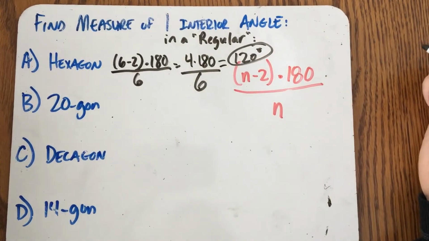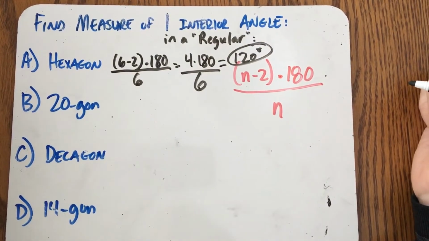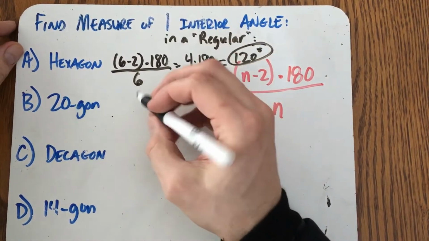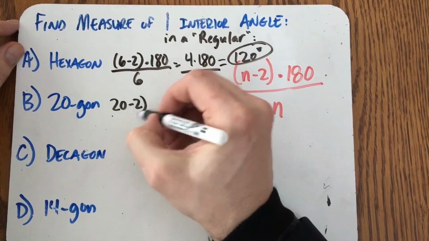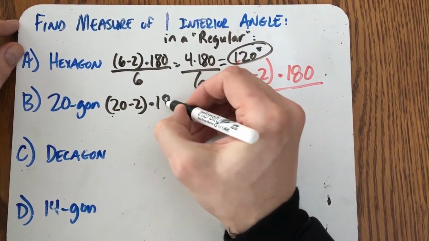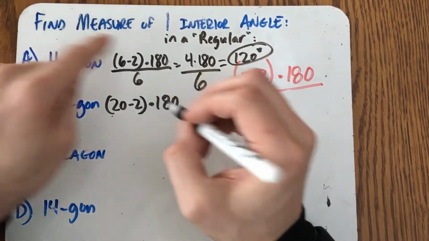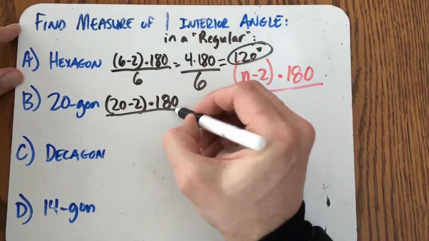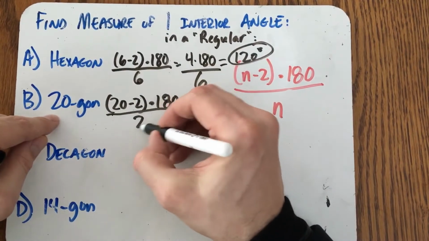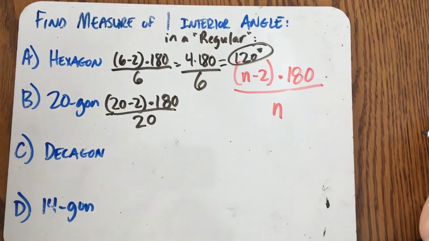But I don't want you guys to have to try to do it in your head or work it all out, right? For a 20-gon, you would do 20 minus 2 times 180. That gives you all of the angles added together, but we don't want all the angles. We just want one. So we're going to have to divide it by how many angles we have, and we have 20 of them, the number of sides that the shape has.